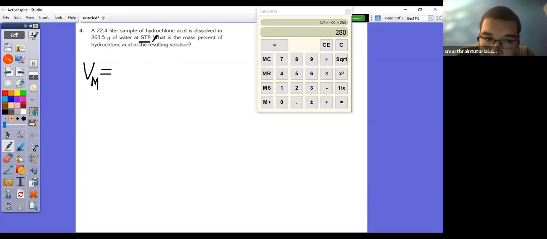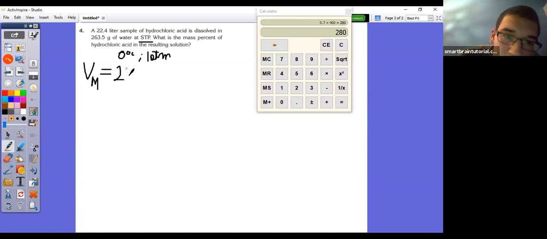At STP, this value is constant. At 0 degrees Celsius temperature and 1 atmosphere pressure, 1 mole of any gas always occupies 22.4 liters per mole.